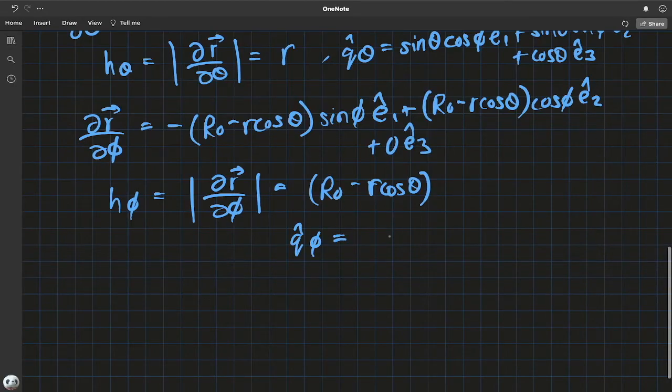Q sub phi hat is negative sine phi e1 hat plus cosine phi e2 hat.